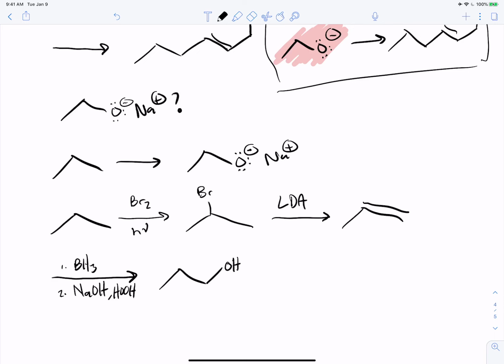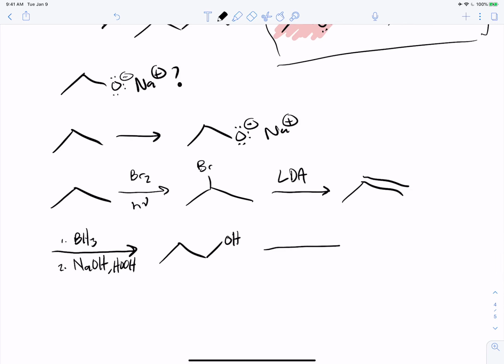And that more or less gives us what we need. Then remember, if we want to turn this into the sodium salt, all we have to do is add sodium metal. And voila, we've got what we wanted.